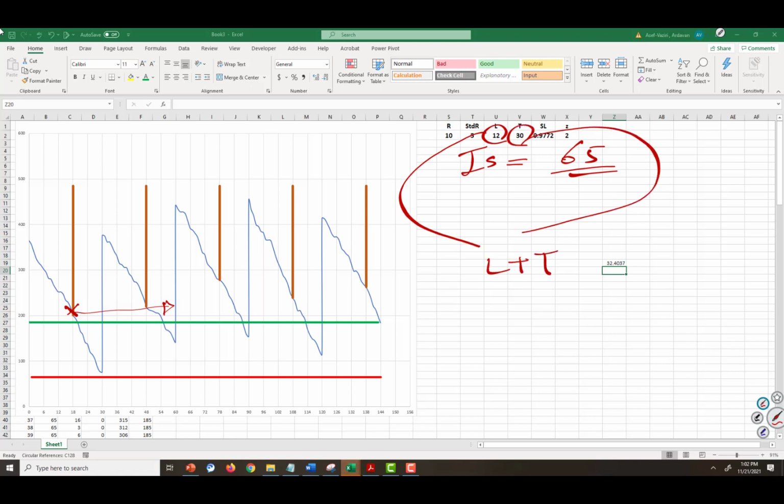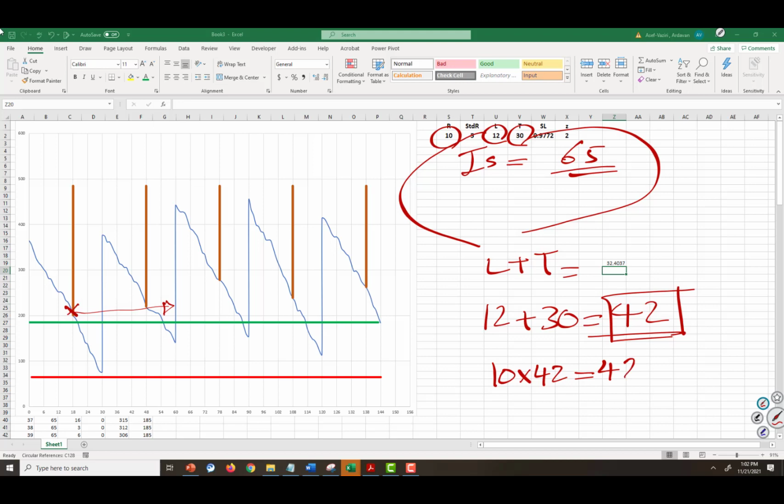L plus T equal to 12 plus 30, which is 42. And the daily demand over that period is 10. Therefore, I need 10 times 42 equal to 420. So that was the demand during lead time plus the demand during the period.